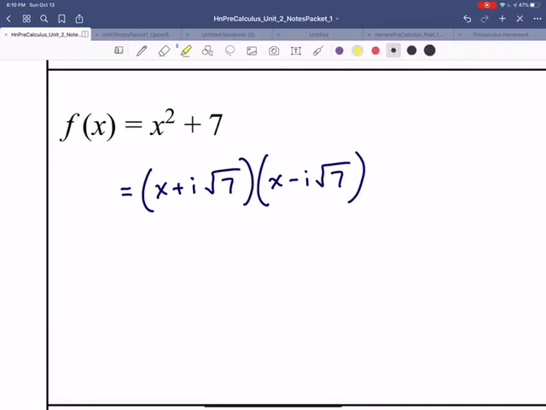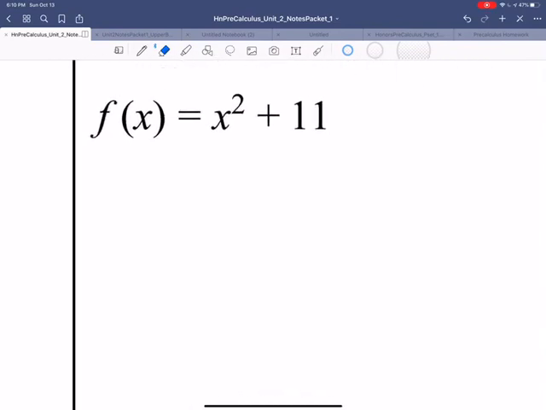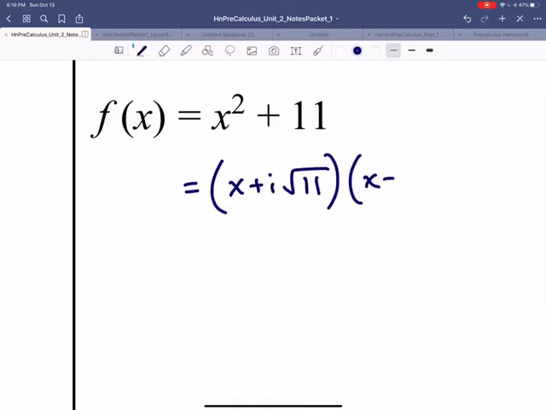And it's standard to keep the i in front of the radical. Similarly here, x squared plus 11 factors as x plus i root 11 multiplied by x minus i root 11.